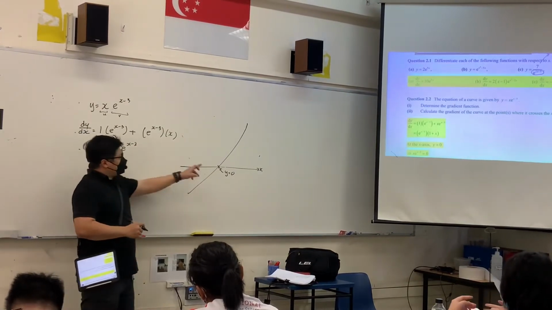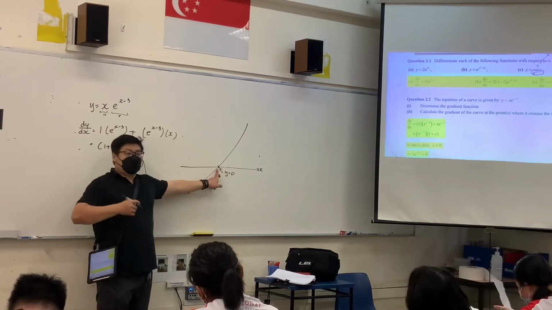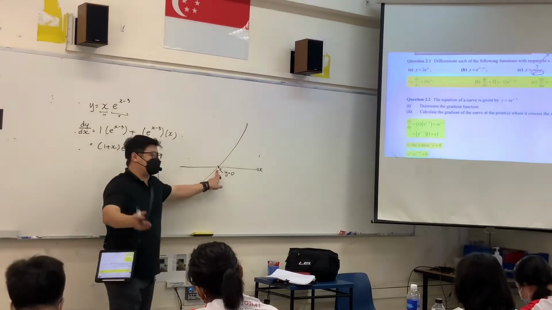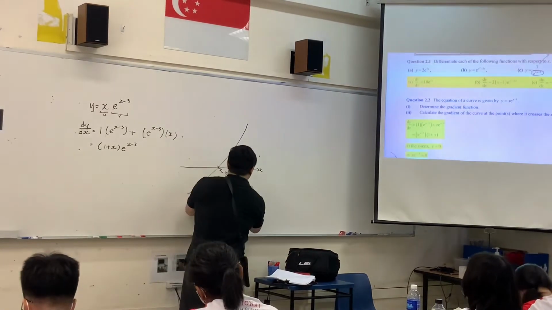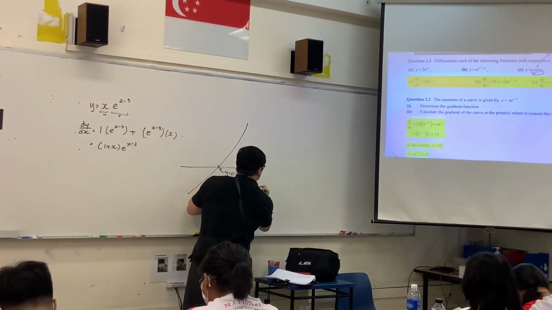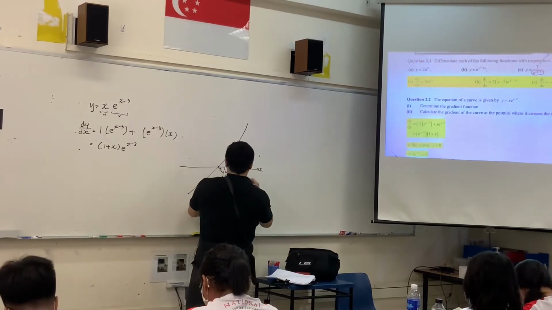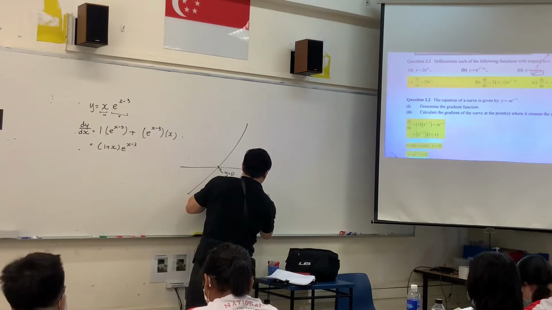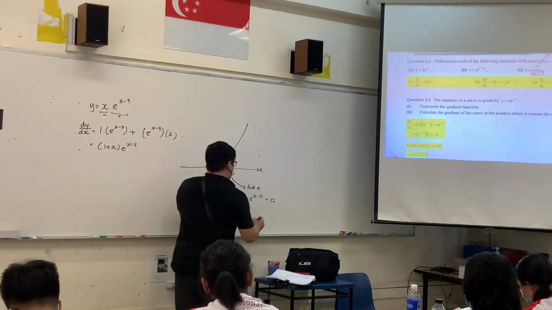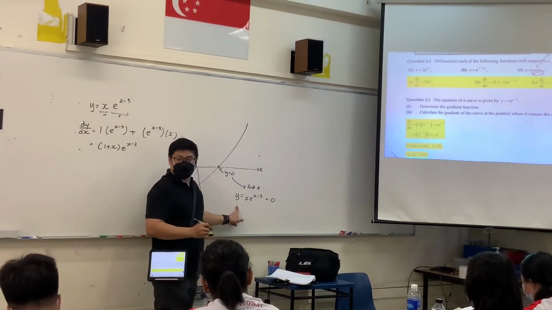So then how do I find this point? You might need to do an extra step. That is, use this to find x. How do I do that? Equate y equals to x e power x minus 3 to 0. Equate y to 0 to find x.